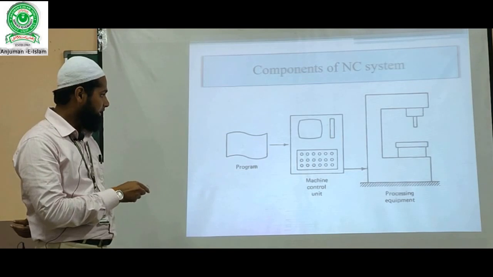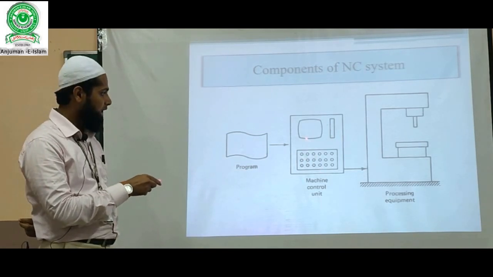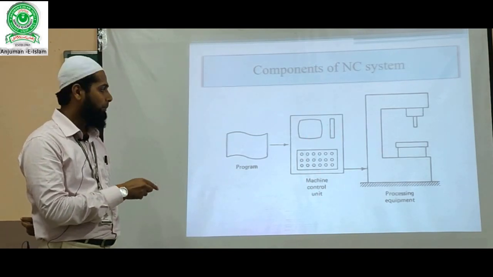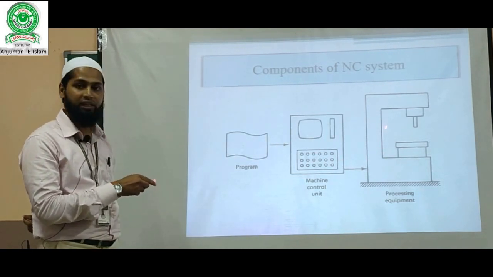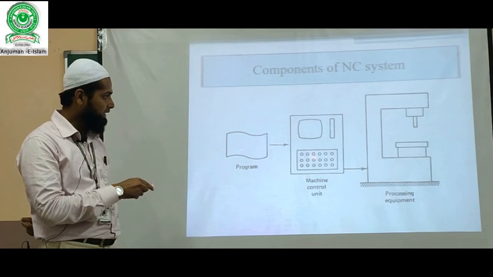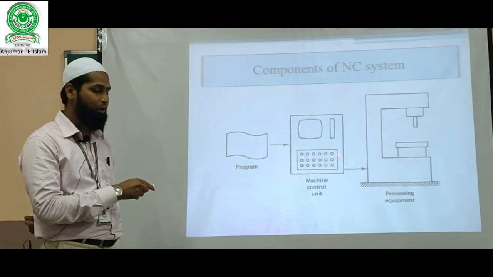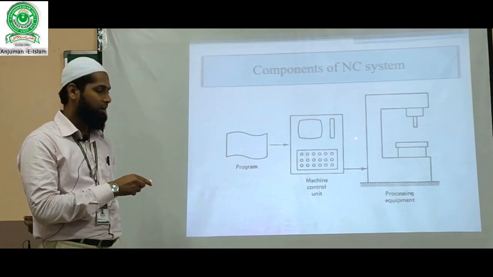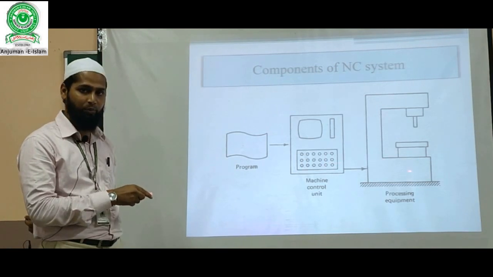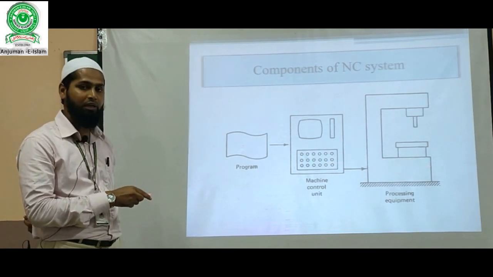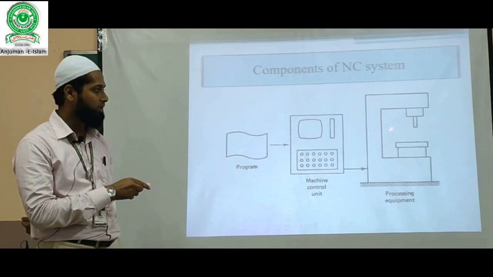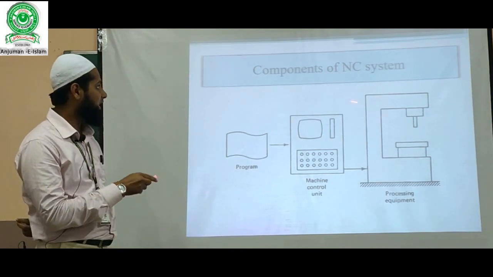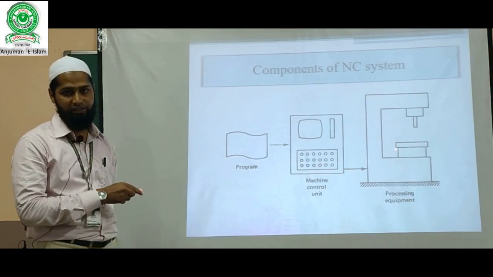First the program is decoded in the machine control unit by a decoding circuit called the data processing unit, then stored in the buffer storage. Then the control unit sends the commands to the processing equipment. That processing equipment is the principal arm of the NC system which performs the different tasks. That completes the three components of the NC system.